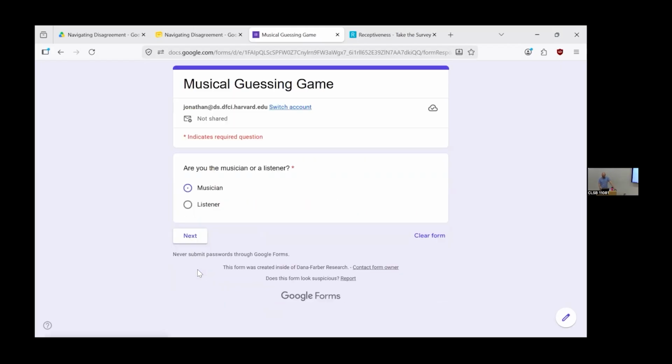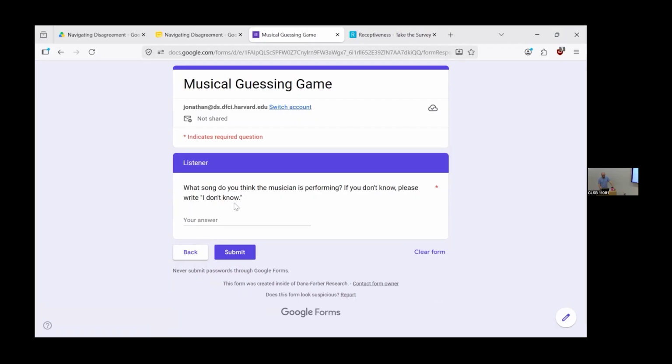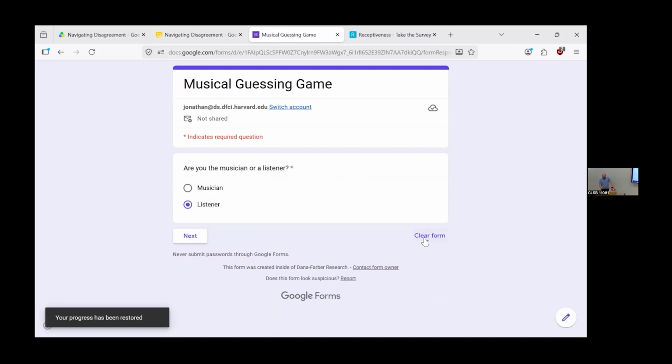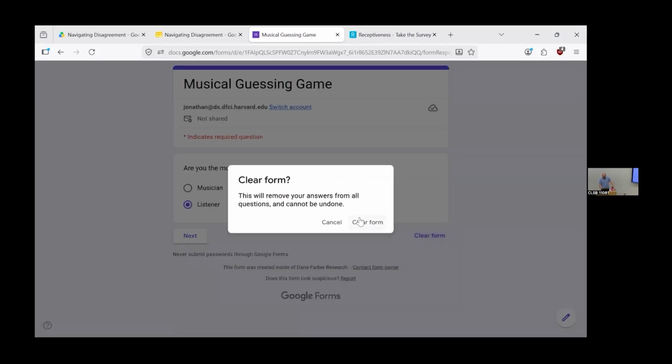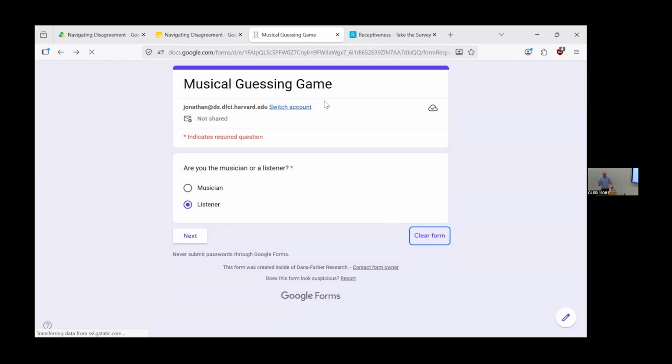And if you're not the musician, this is everyone else, you'll be a listener. You're going to try and guess what song the musician is performing. If you don't know, you can just write, I don't know. This is completely anonymous, so there's no shame whatsoever in writing, I don't know. Okay, I'm going to clear this form. Now, are there any questions before we choose a volunteer?